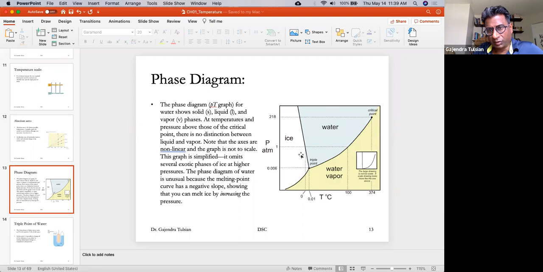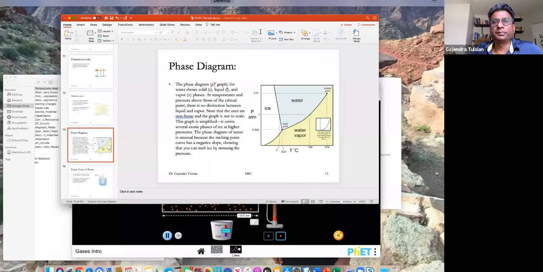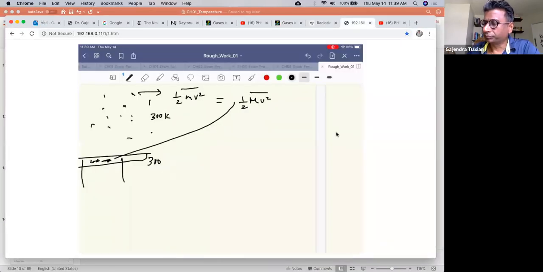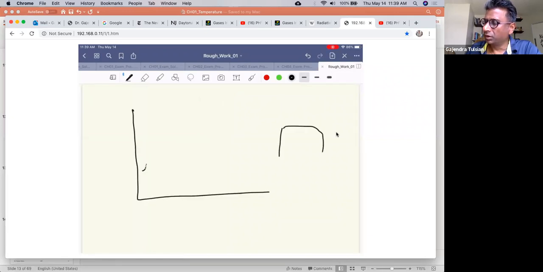Let's go to a whiteboard. If you had some substance, you think that if you applied pressure on the object, the higher the pressure, the harder it would be to melt it.